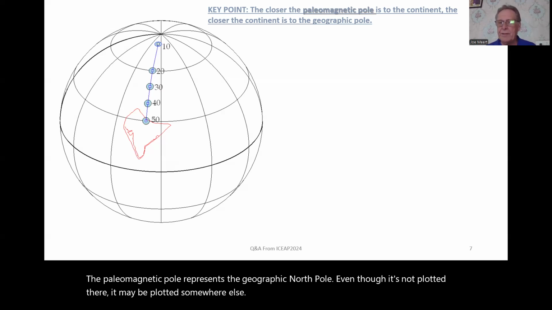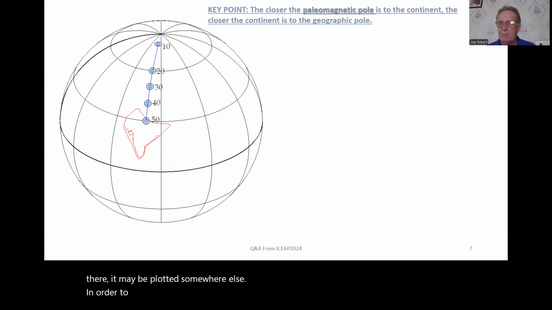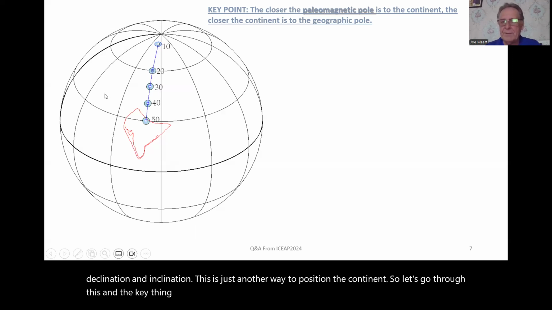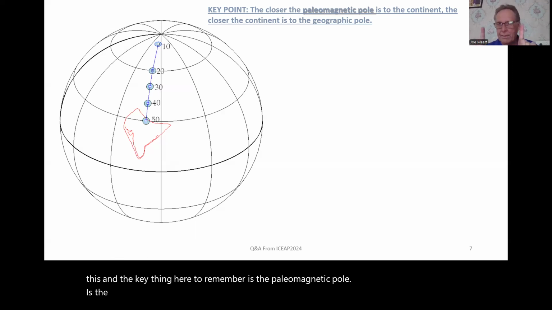In order to reconstruct the continent, we simply move the pole. I showed you how to do it using declination and inclination. This is just another way to position the continent. So let's go through this. And the key thing here to remember is the paleomagnetic pole is the geographic North or South Pole. They are the same thing.